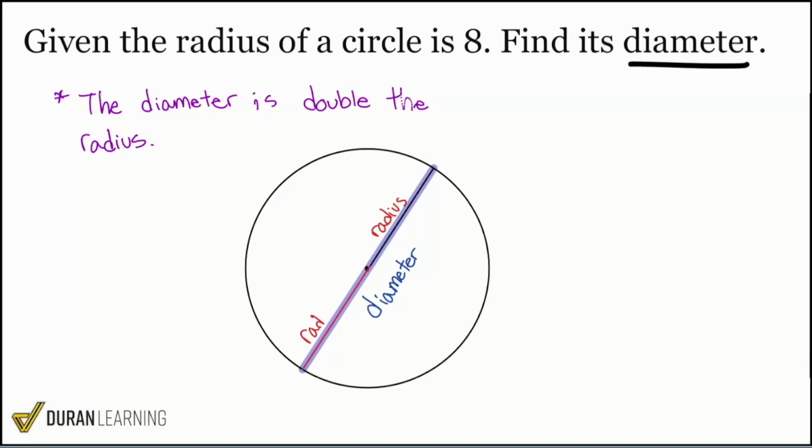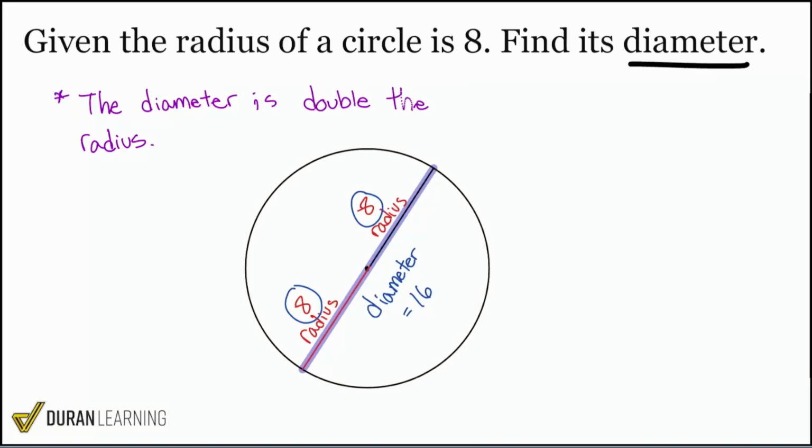That's another radius. So if you go from the edge to the halfway point, that's 1 radius. From the halfway point to the edge, that's another radius. Double the radius is the same as the diameter. That's what I'm talking about there, my party people. So again, if we have the radius being 8, the diameter is 2 of those together, and that'll be 16.